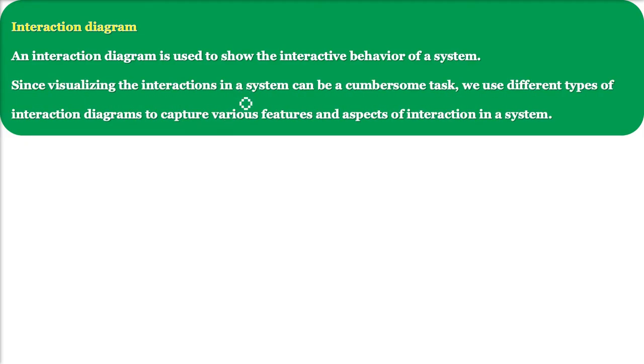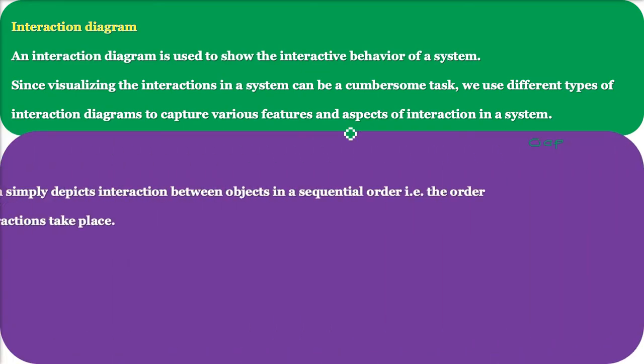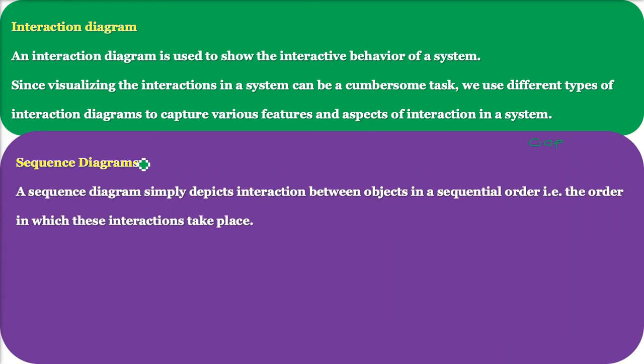Because we are talking about object-oriented analysis, programming, design, and so on, here we have a class, and then we have instances of the class, which are objects. How these objects interact with each other, how the functions they call, in which order. So sequence diagram is an interaction diagram, and this is also depicting interaction between the objects.